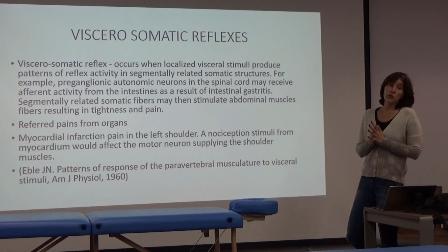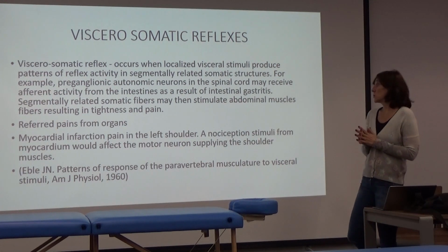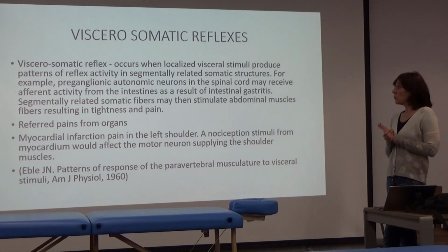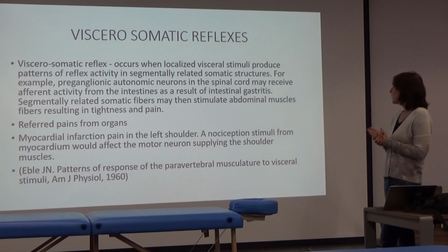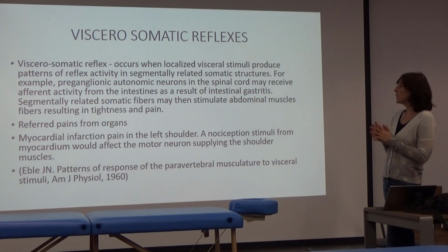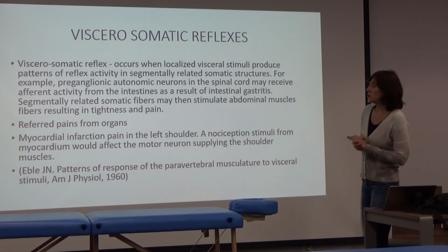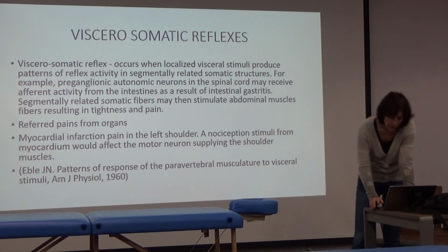And that was the first association between organs and muscles. Also, referred pain from organs, we can have myocardial infarction pain in the left shoulder. This nociceptive stimulus from the myocardium would affect the motor neuron which supplies the shoulder muscles, and of course we have many articles which described referred pain.